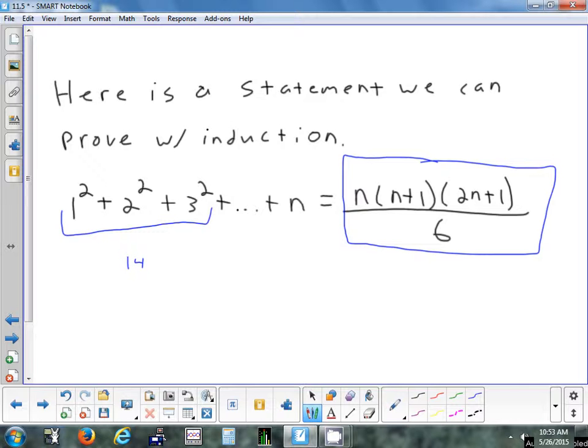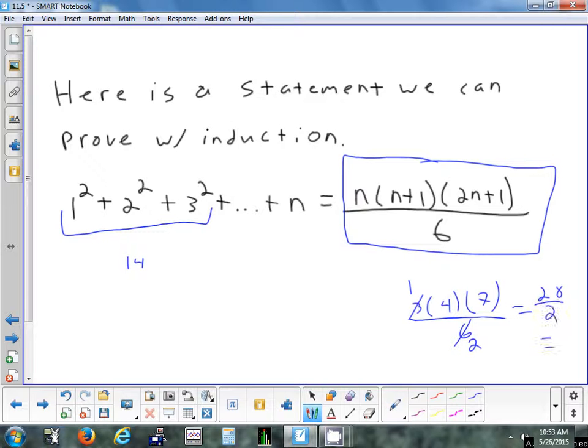Okay, let's try plugging 3 into this formula and see if we get 14. Okay, 3 times 3 plus 1 times 2 times 3 plus 1 is 7. Divide by 6. Okay, we can reduce that. Divide by 3. Divide by 3. And we get 1 times 4 is 4. 4 times 7 is 28.